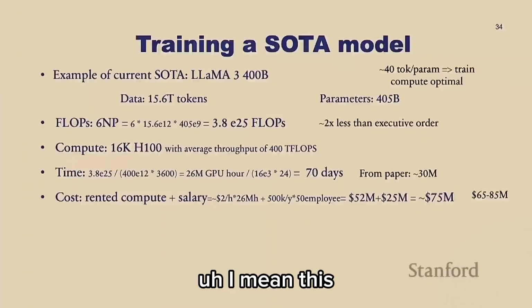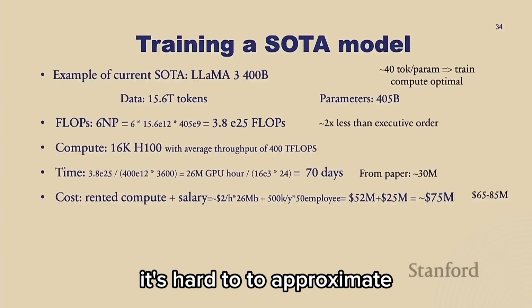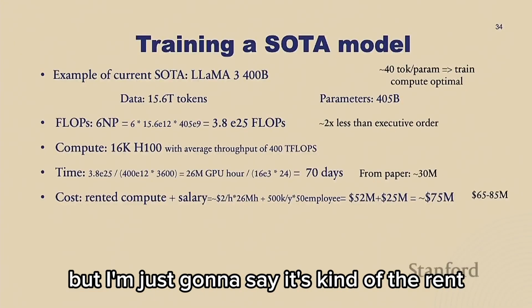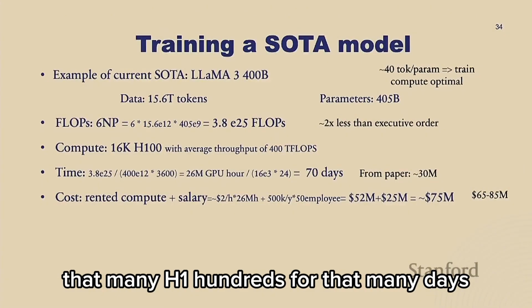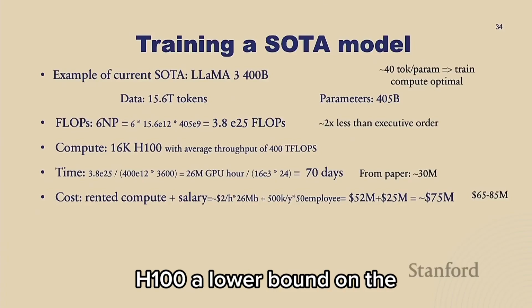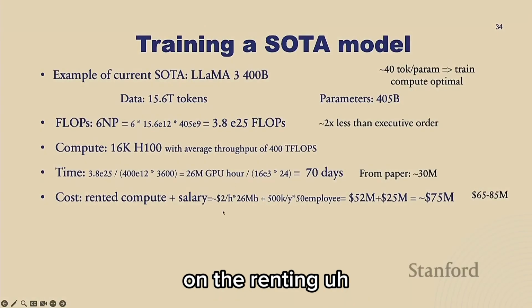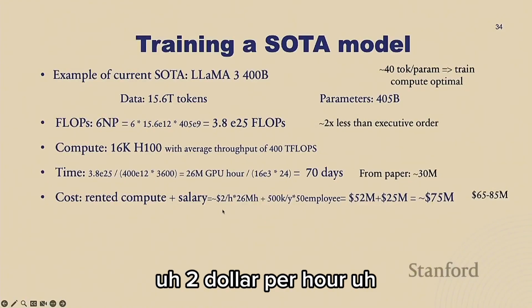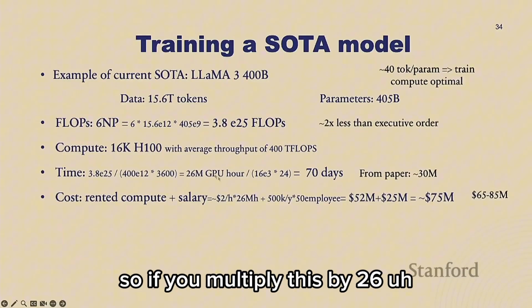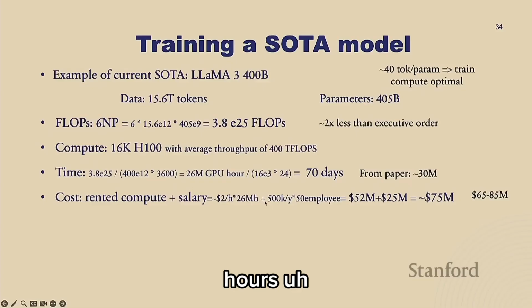Cost, I mean, it's hard to approximate, but I'm just going to say it's kind of the rent. What if I were to rent that many H100s for that many days? How much would I pay? A lower bound on the renting cost of an H100 is around $2 per hour. So if you multiply this by 26 million hours, you get $52 million.